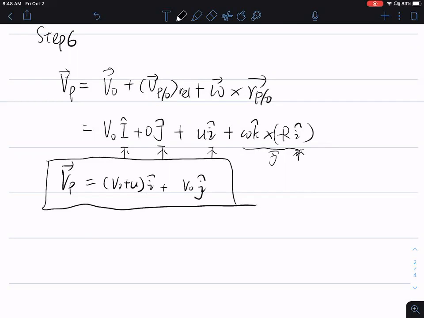How to find a_P? Do the same thing, apply that equation in chapter 3. a_P equals a_O plus a_P/O relative plus, oops, I bet that's wrong. Yep, that's right.